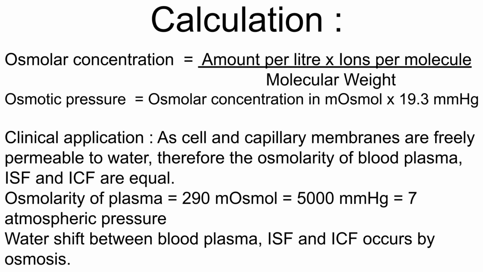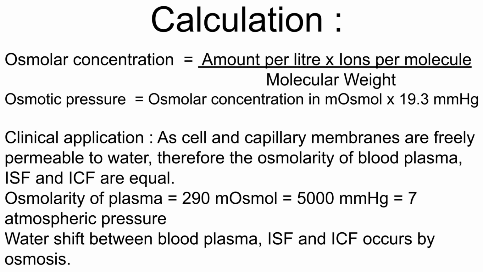So, if we put the 3 steps in one equation, we end up with osmolar concentration equals the amount of substance per liter divided by the molecular weight multiplied by the number of ions per molecule. A fourth step is needed to know the osmotic pressure.